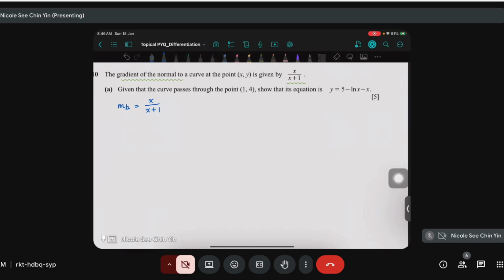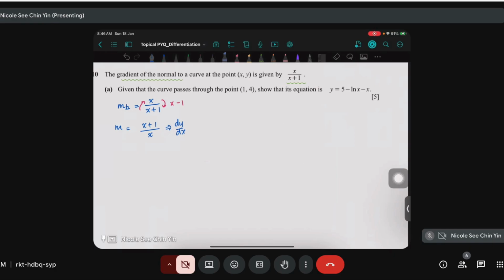So what about my original gradient? We're going to flip the fraction upside down and multiply by negative 1. And what do we get? x plus 1 over x. This also represents your dy/dx. The first sentence I have already interpreted to find out what dy/dx is.